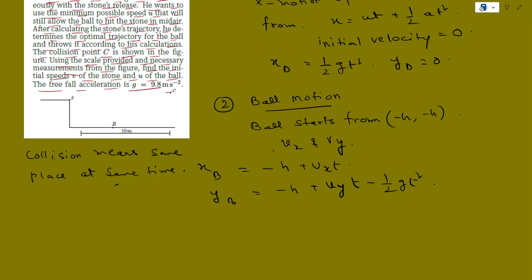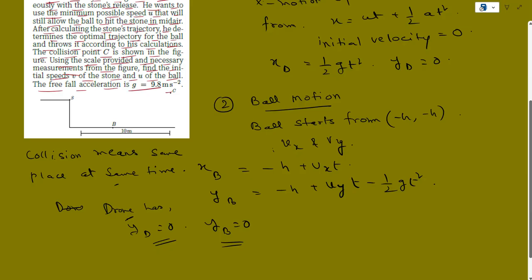Now, for collision, the drone and ball must have the same coordinates, right? The drone has y_d equal to 0, so the ball must also satisfy y equal to 0. Thus, minus h plus u_y t minus half g t squared is also 0.